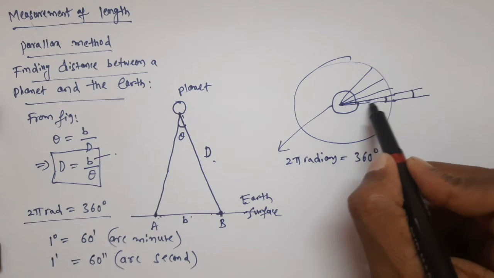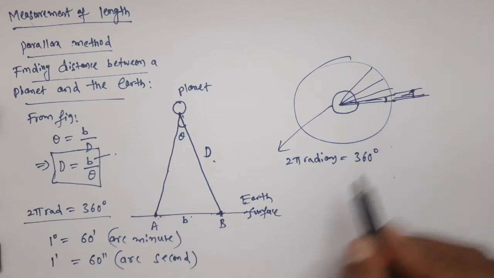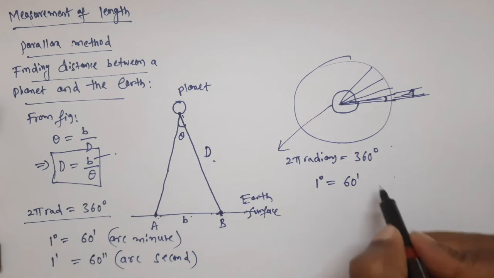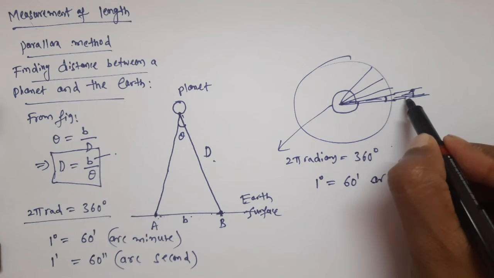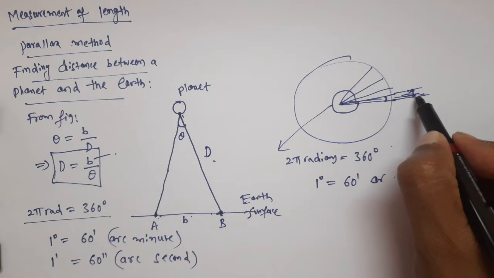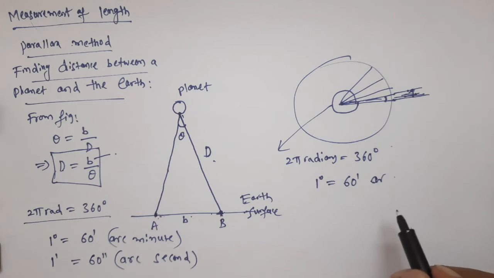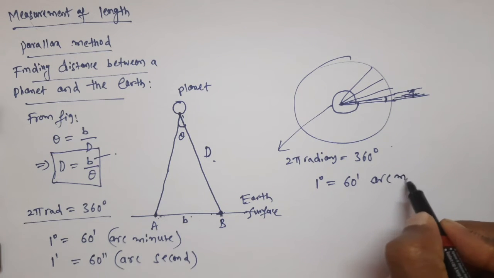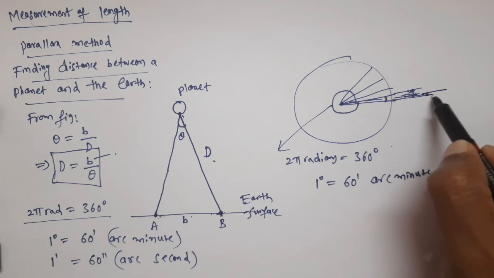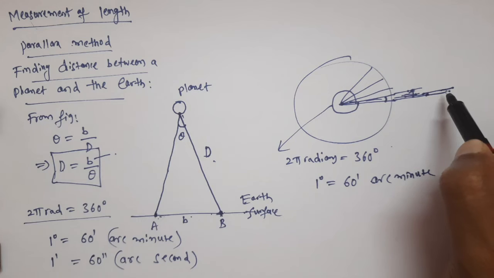And again in this 1 degree, we make 60 equal parts. 1, 2, 3, 4, and so on. So 1 degree is equal to 60 arc minutes. We are dividing this 1 degree into 60 equal parts, right? Then each part is equal to 1 arc minute. And in this 1 arc minute, if the angle is very small, again we divide it into 60 equal parts.